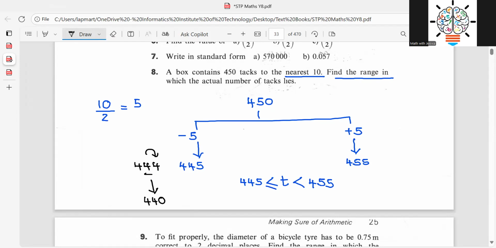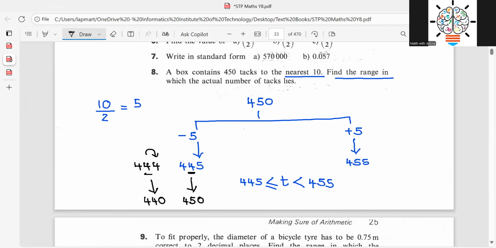If you take 444, this clearly shows that when you correct it to the nearest 10, that gives me 440, not 450. But if you take 445, what happened? Now you just look at this one. That comes to 450 because the tens place is 4, and when I look at the next number, it is 5.